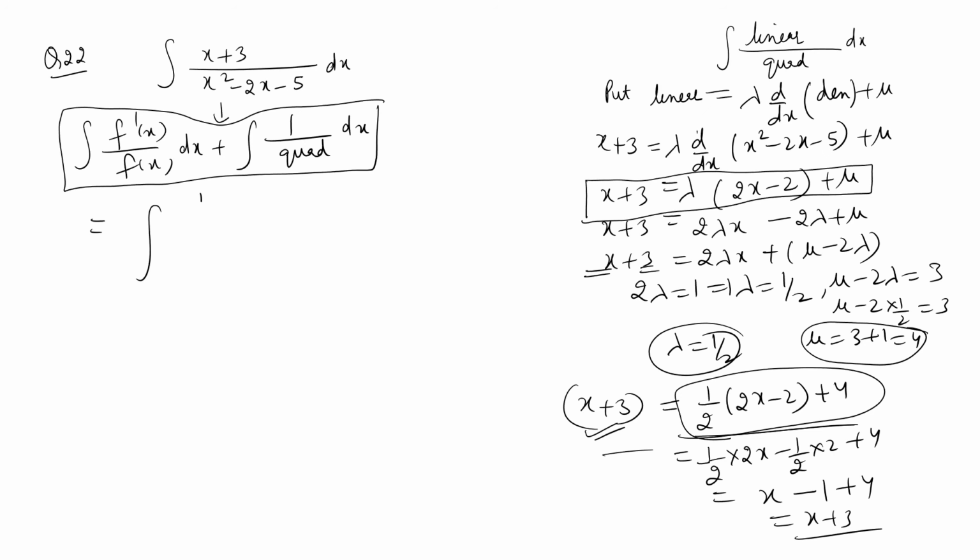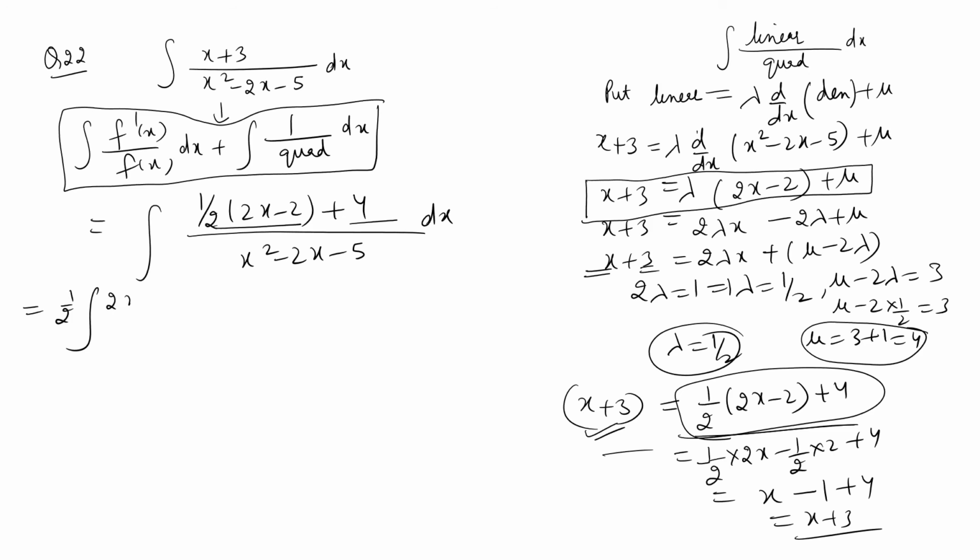So let us come back. It is half of 2x minus 2 plus 4 upon x square minus 2x minus 5 dx. The next thing we are going to do is split the numerator. It is half of the integral of 2x minus 2 upon x square minus 2x minus 5 dx, plus 4 times the integral of 1 upon x square minus 2x minus 5.